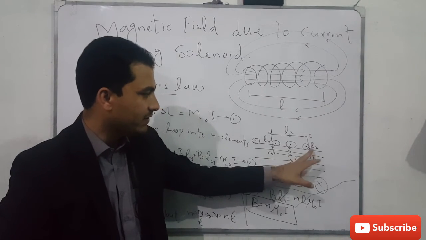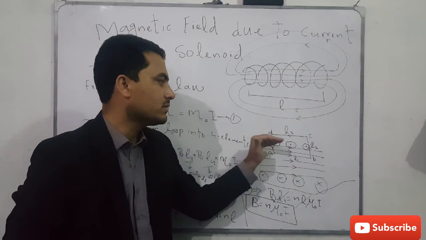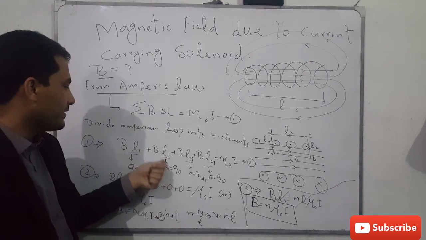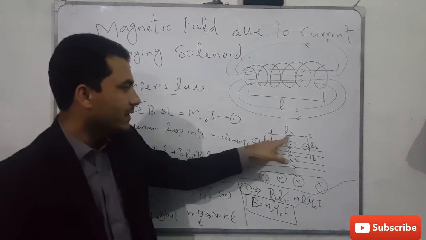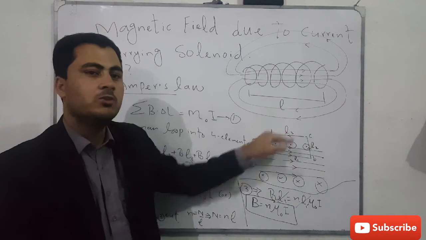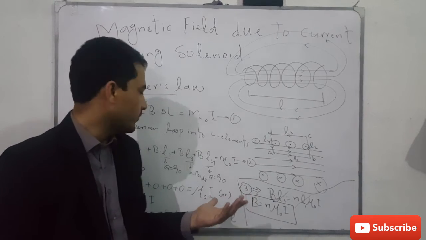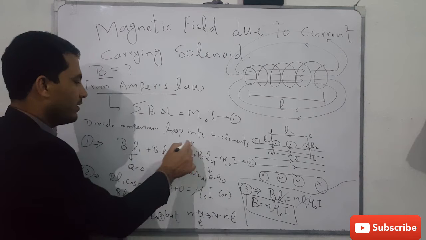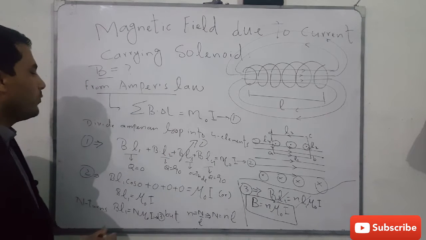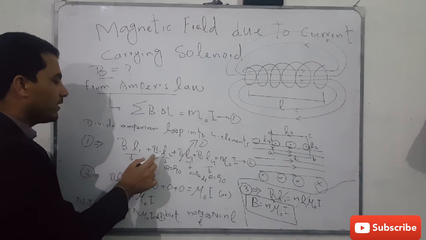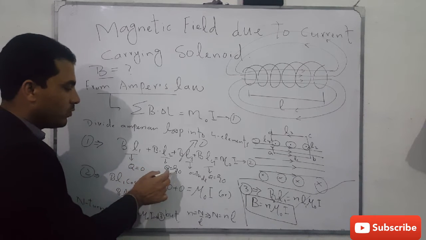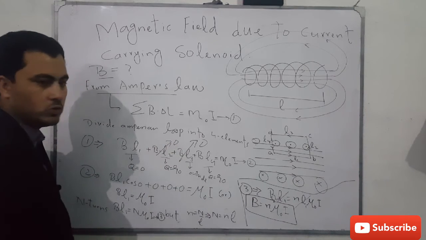You see that the length element L2 is at right angle, at 90 degrees, so theta is 90 degrees here. L3 is outside the magnetic field, where there is no magnetic field, so that term is 0. This is a dot product, so it involves cos theta, and cos 90 is equal to 0, so this term also goes to 0.